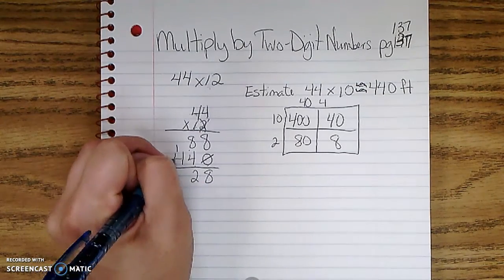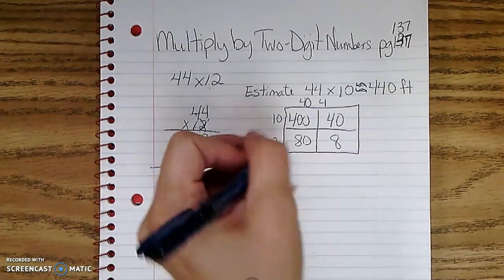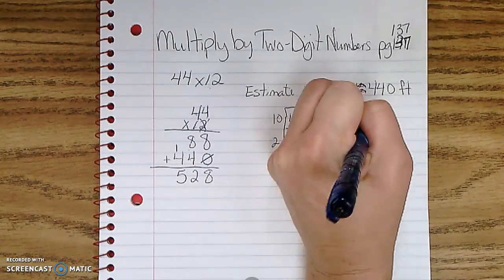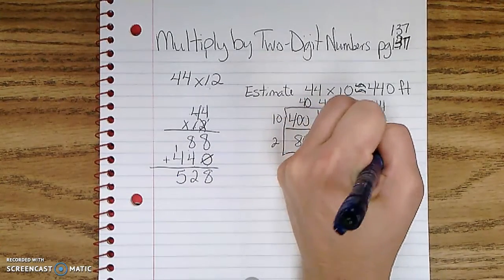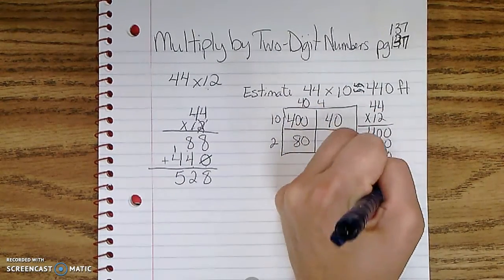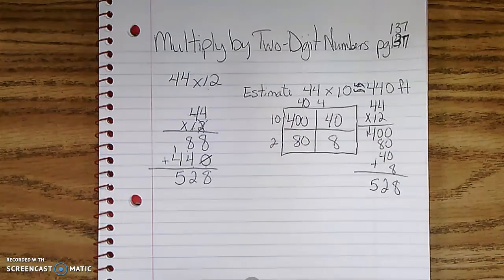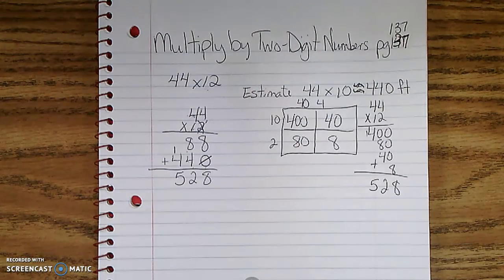Regroup the 1, and 4 plus 1 is 5. So my answer is 528. If I do that over here, I get 528. So these two models really relate to each other.